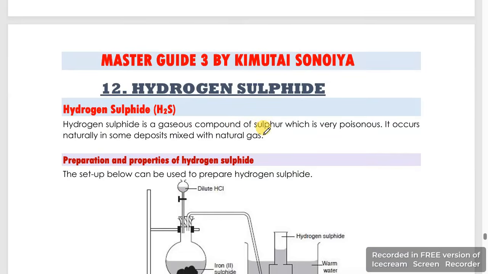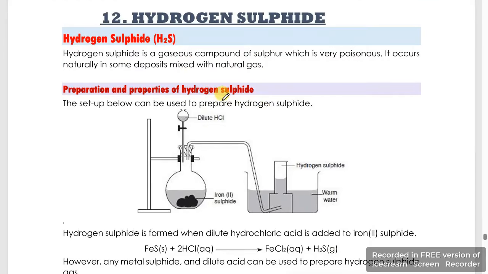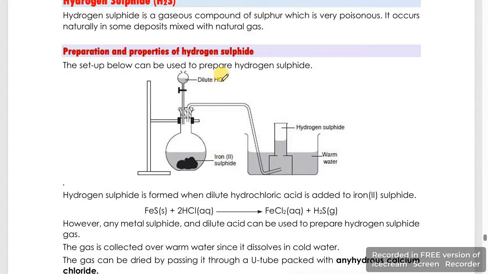Hydrogen sulfide, very important for you to know how this one is prepared. Dilute hydrochloric acid with iron 2 sulfide, those are the reagents. Method of gas collection, hydrogen sulfide is collected by the over water method. Then you should be able to write this equation.